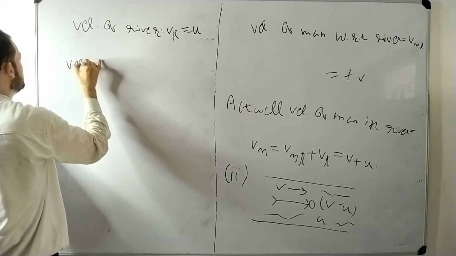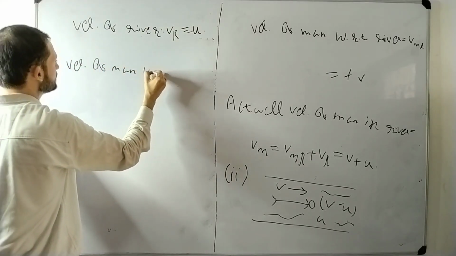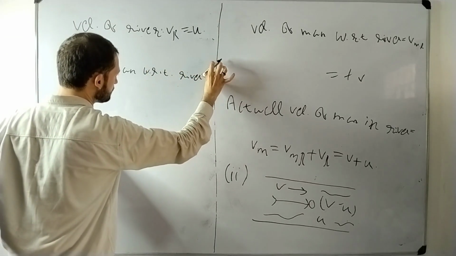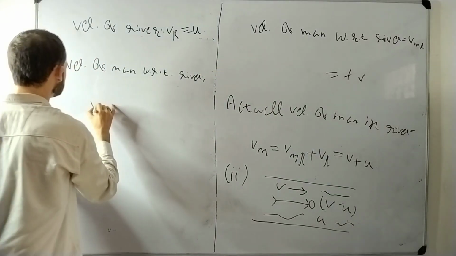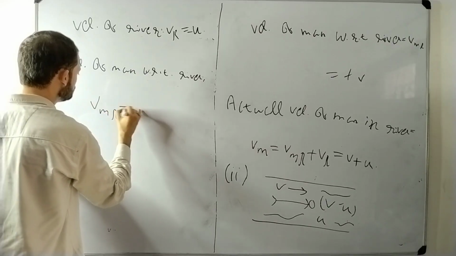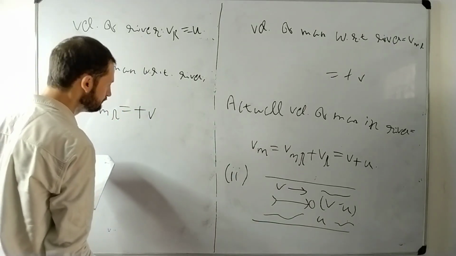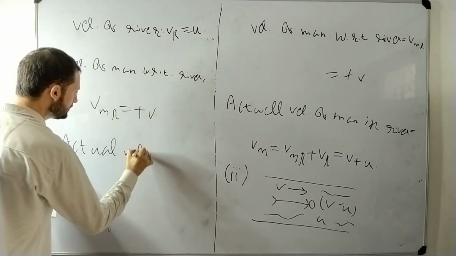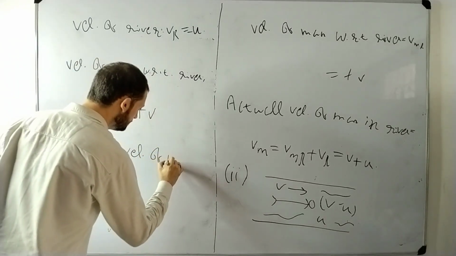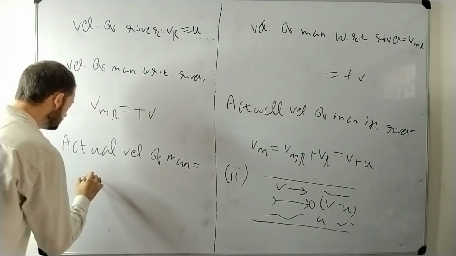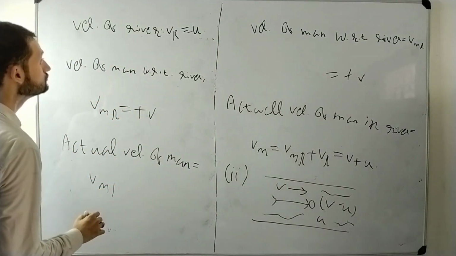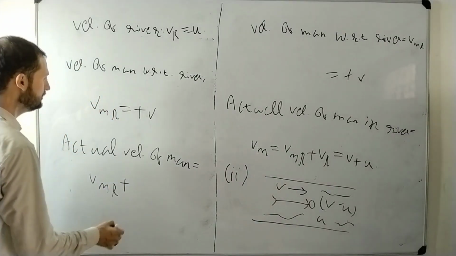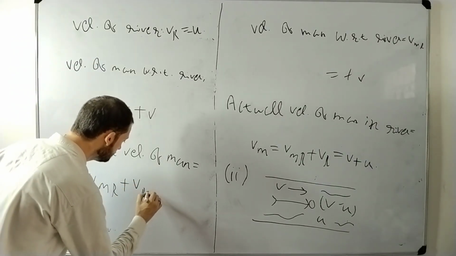This is the velocity of man with respect to river, of course in still water, Vmr, which is positive V. Then the actual velocity of man is Vmr plus Vr, relative velocity formula, na students?